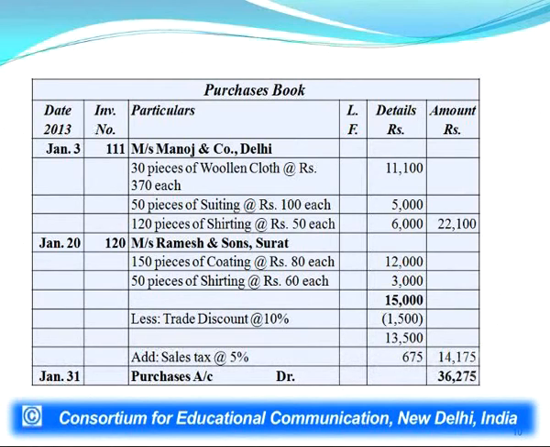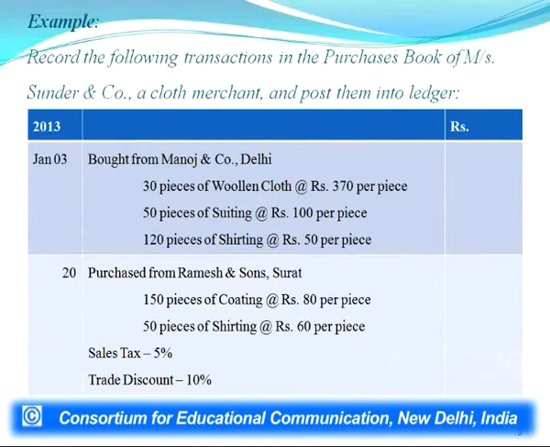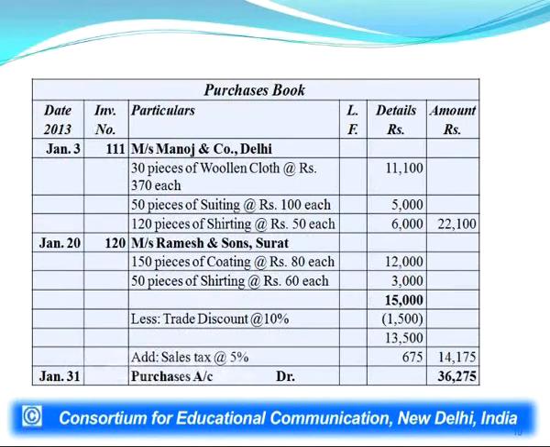Now, another transaction with an imaginary invoice number: 150 pieces at 80 rupees each, so 12,000, and 50 pieces of shirting at 60 rupees each, 3,000. So, the total amount is 15,000. Here in this second transaction, as you see in the question, the sales tax is 5% and trade discount 10%. It should be noted that the sales tax is charged on the net amount.